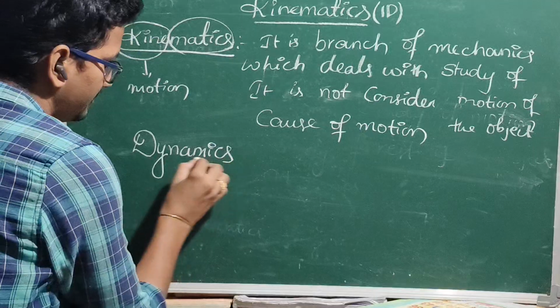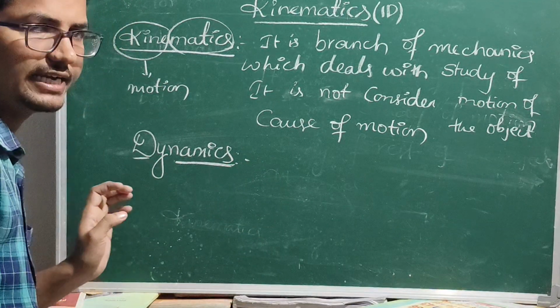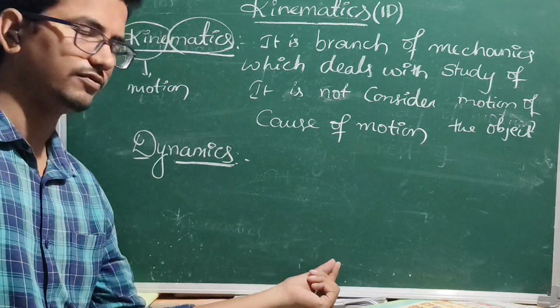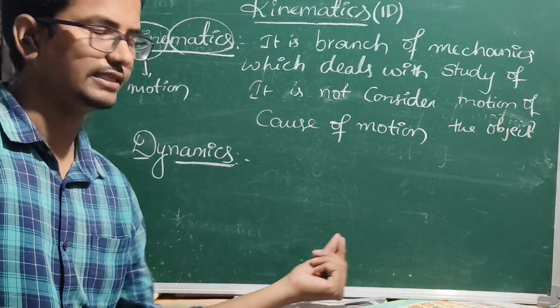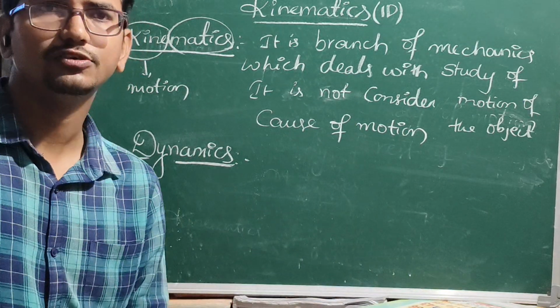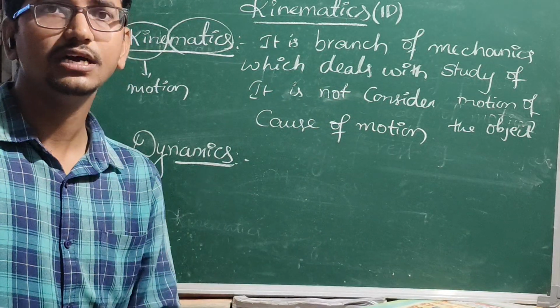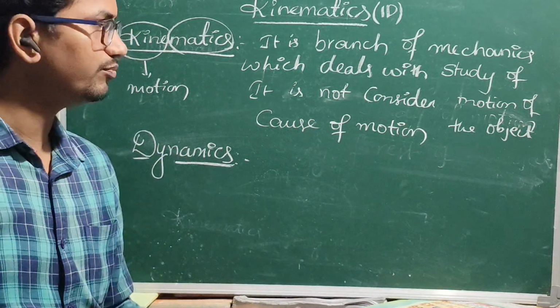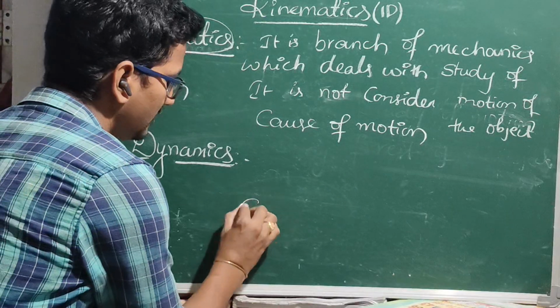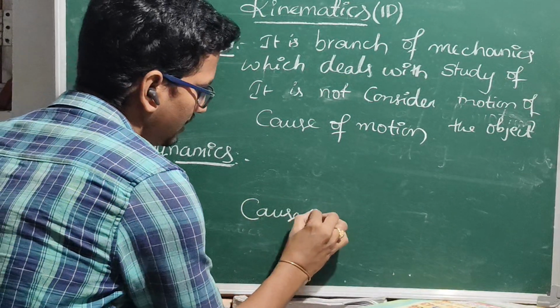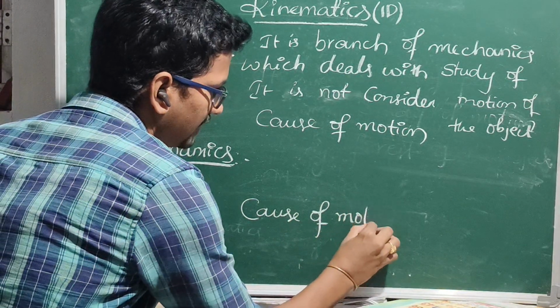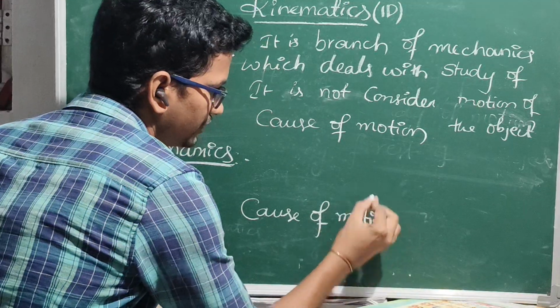The next one is dynamics. It is also a branch of mechanics. Already we discussed the three types: kinematics, dynamics and statics. Dynamics is a branch of mechanics which deals with the cause of motion. Cause of motion means we apply an external force, then the body changes its position.